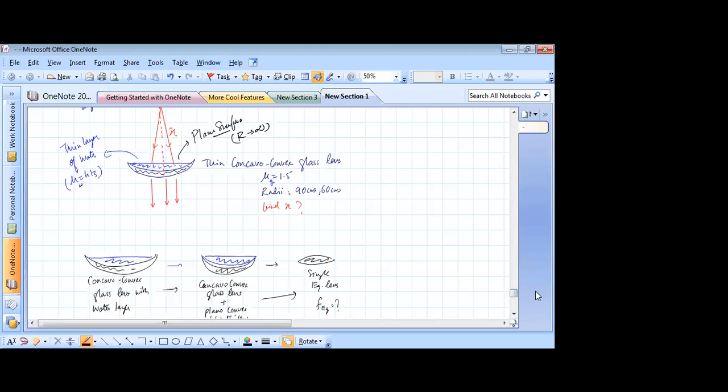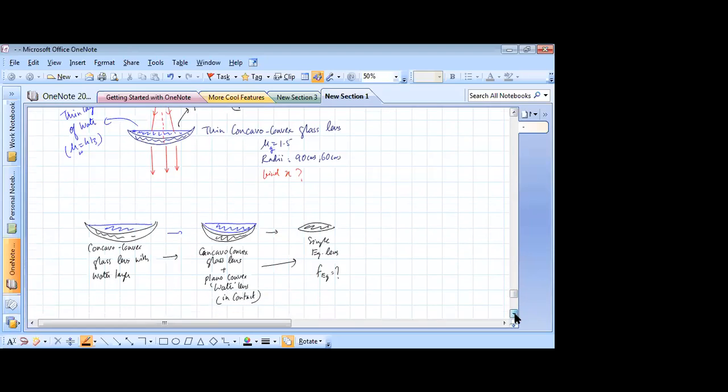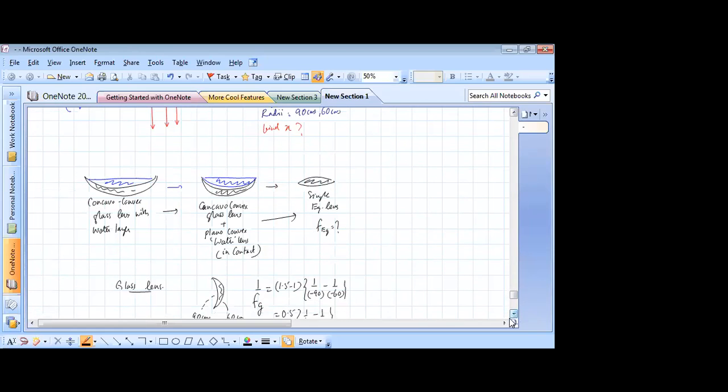For example, when we had seen how to calculate focal length of a plano-convex lens. Understood, Aditya? Okay, good.